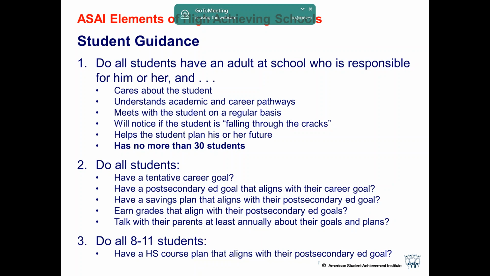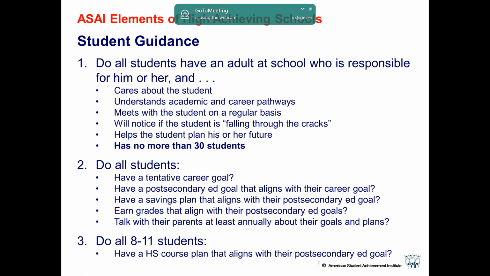And if I'm that adult and I'm only kind of looking over, being like the in-school parent of 30 kids or 12 kids, I can start to notice when one of those students starts to fall through the cracks or something's just not going right with that student, and then I can engage. So we think it's really important to have the student guidance ratio down to, ideally, 1 to 12.